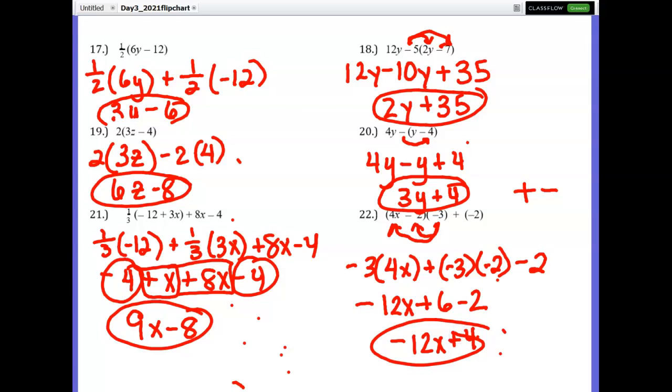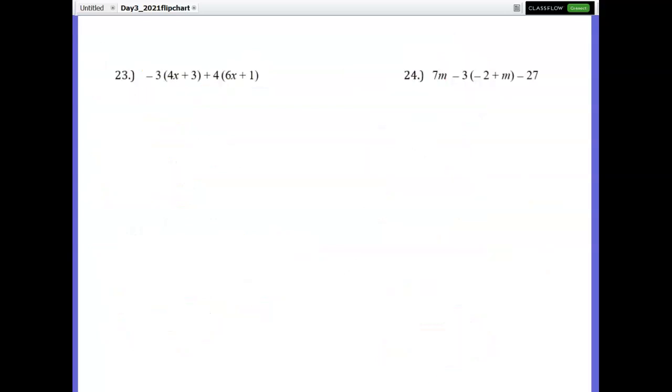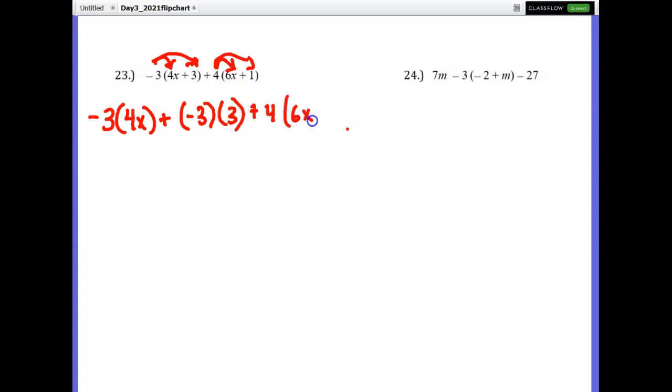All right, 2 more problems. Okay, here we're double distributing. Okay, so we're taking the 3 and multiplying it by the 2 terms in the parentheses here, and then we're taking the 4 and multiplying it by the two terms in the parentheses there. So it becomes negative 3 times 4x plus, and I'm going to write it as a negative 3 times 3 plus 4 times 6x plus 4 times 1.